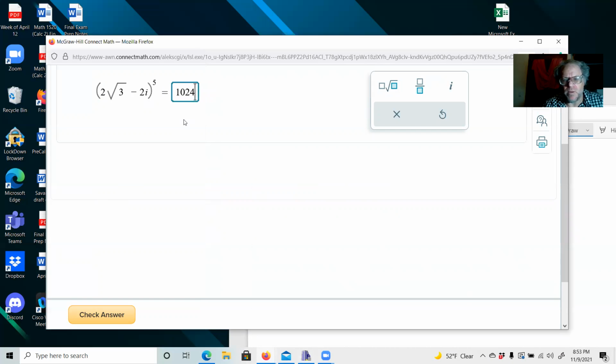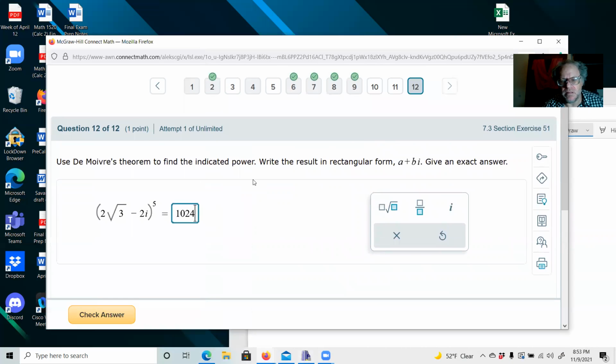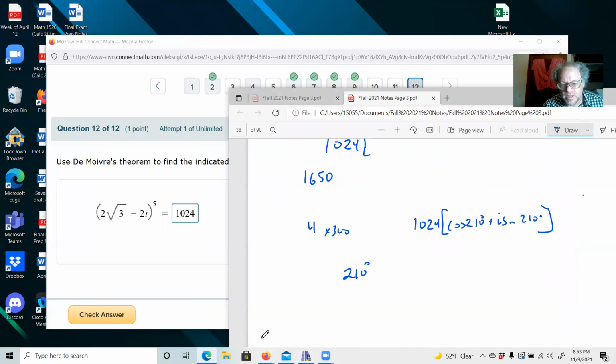Oh wait, they wanted it back in a plus bi. All right, fine. What's cosine of 210 degrees? It's right there, 180 plus 30, that's 210.